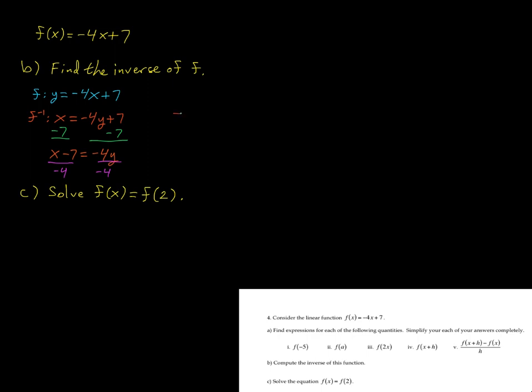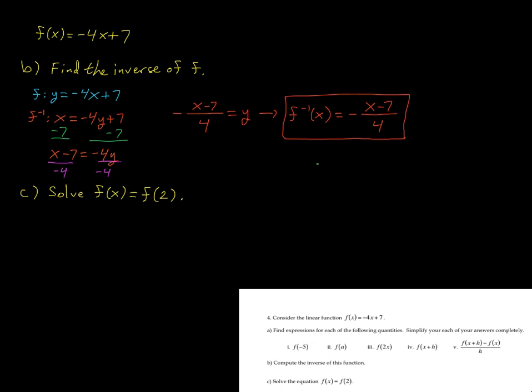So this will be minus the fraction x minus 7 over 4 on the left, and on the right I'm just going to get y. For our final answer, I'm going to write this in function notation. This is f inverse of x is equal to minus the fraction x minus 7 all divided by 4. So this would be the answer.